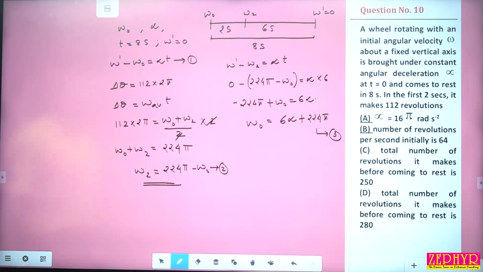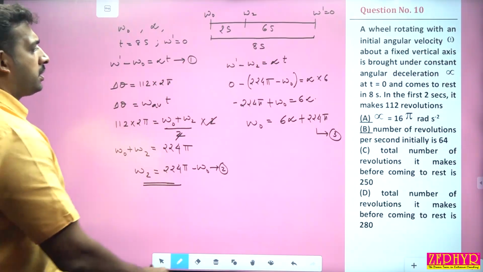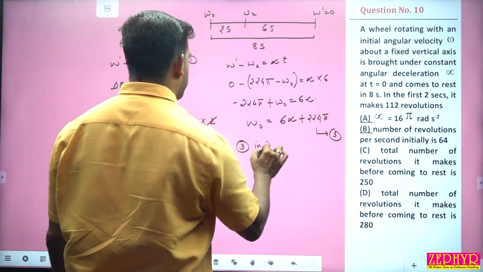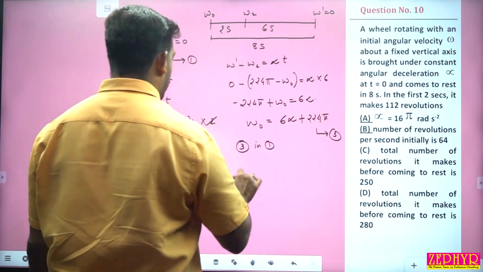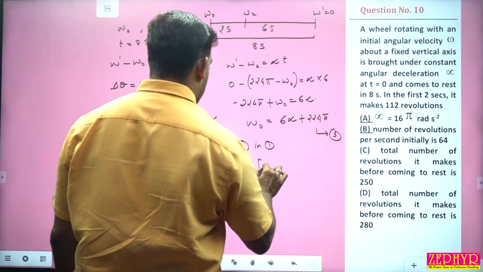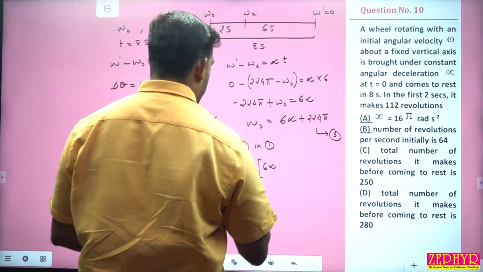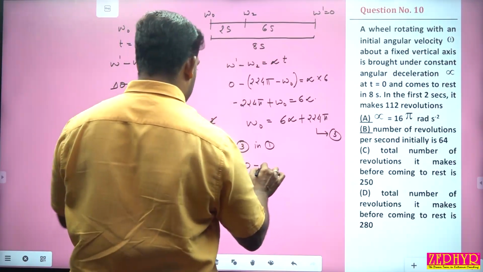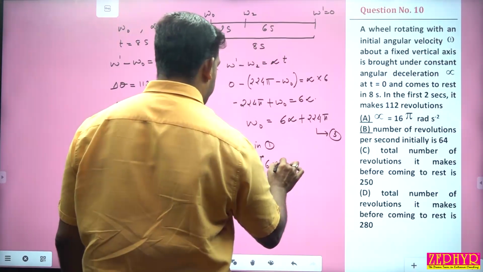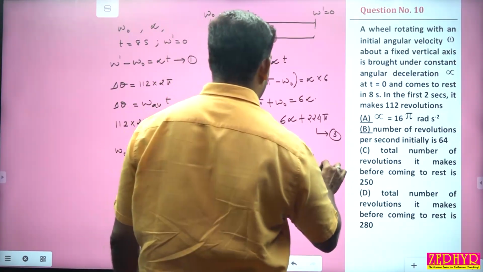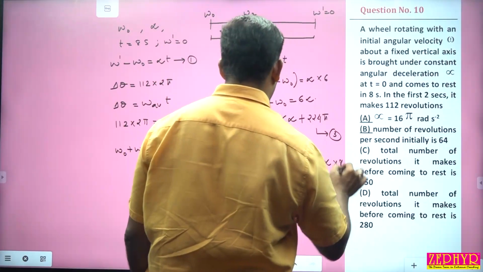So you got the value for omega naught from this. Now substitute 3 in 1. That is omega dash minus omega naught is 6 alpha. What is the value for omega dash? Final angular velocity is equal to 0. So 0 minus 6 alpha plus 224 pi is equal to alpha into 8.